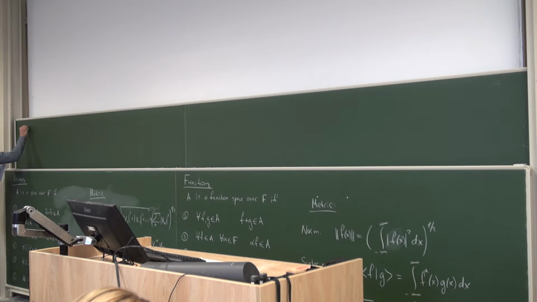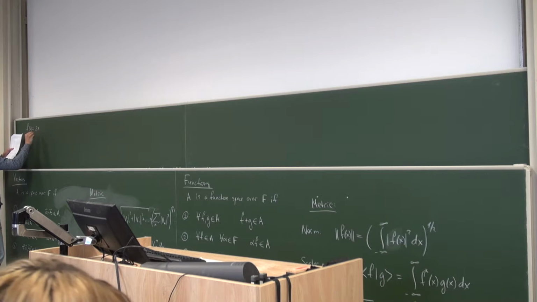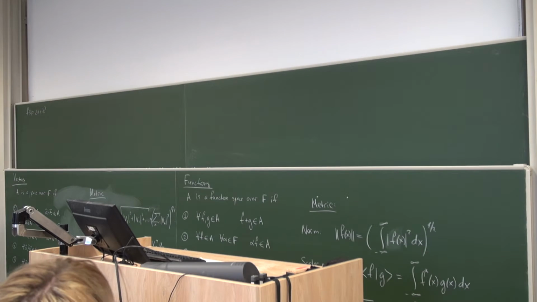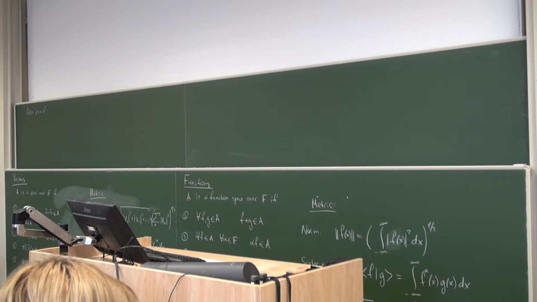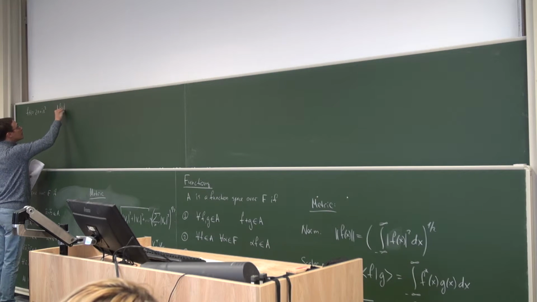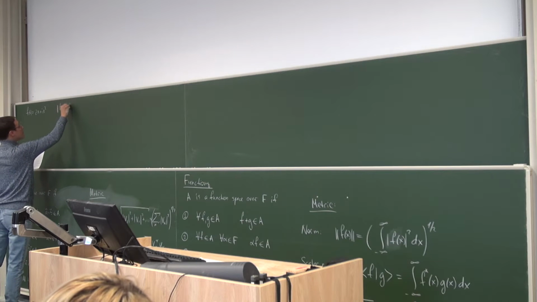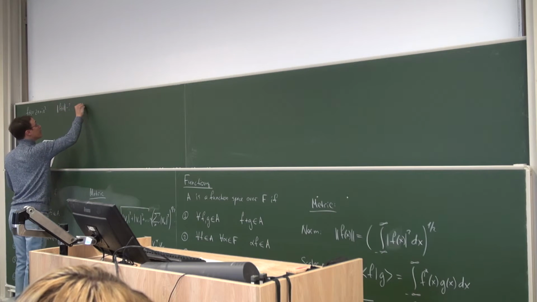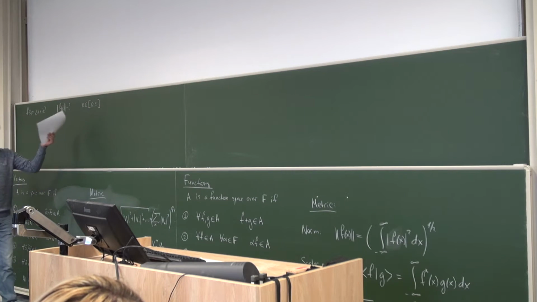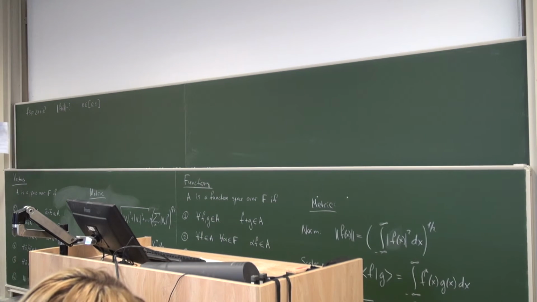If I have f of x equals 2x plus 5x squared, a reasonably complicated complex valued function for which we are told to calculate the norm of f of x, and we are given a specific interval. X belongs to the interval from 0 to 1. That's the integration range.